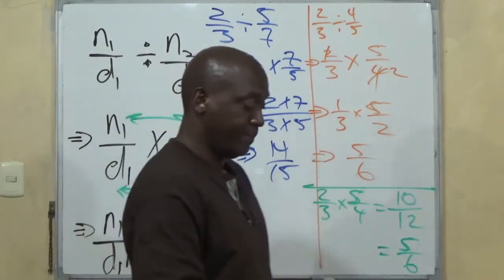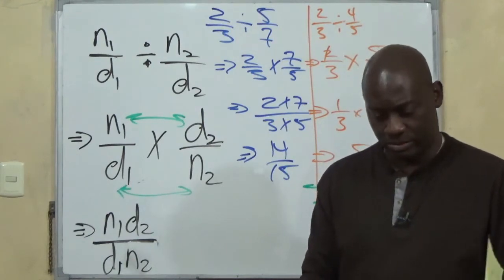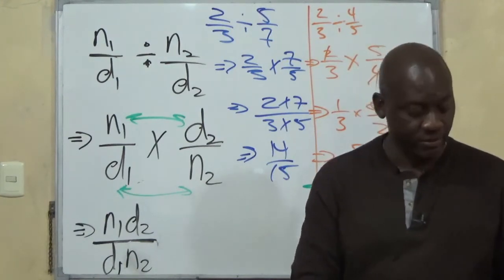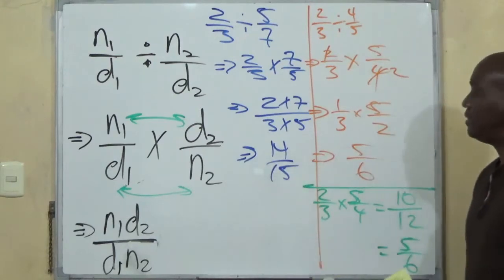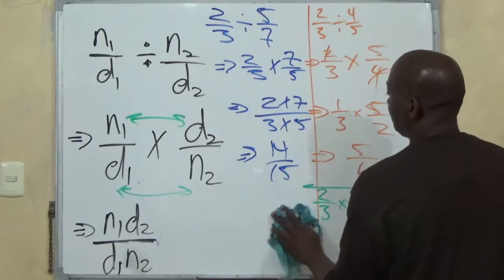Let me see, I suppose I have another example here. Do I not? Yes, I do. So we're rubbing off again, creating more space. Then we do the same thing.